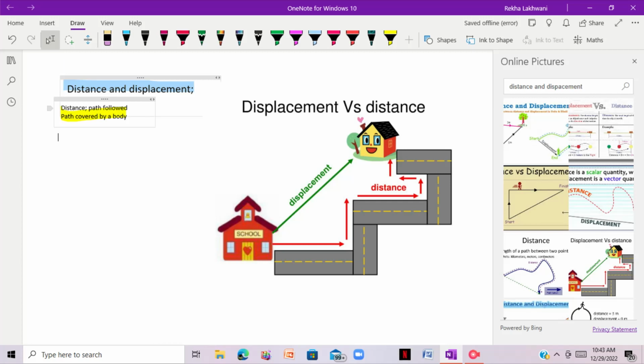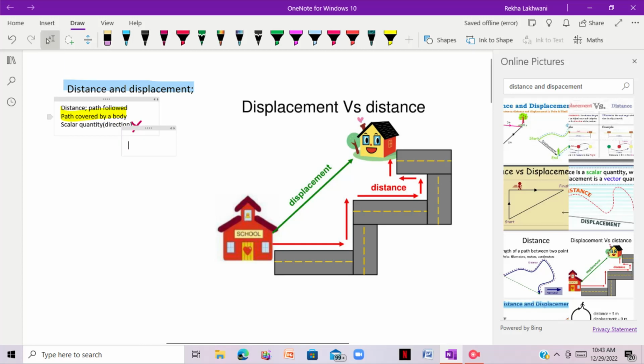Direction is not required in this, right? And its unit is meter. Meter is the unit of distance.